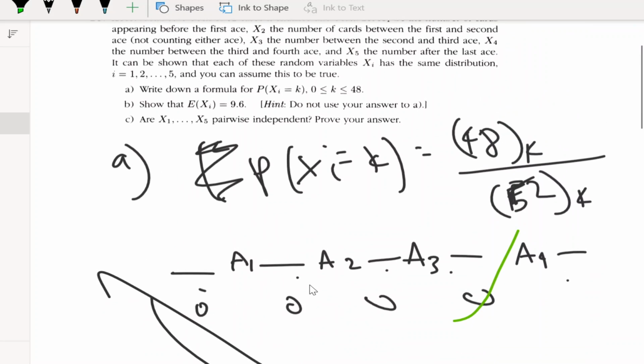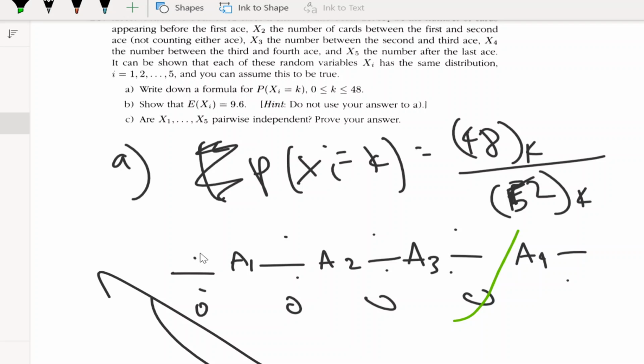Just by symmetry once more, each non-ace card has an equal chance of being in any of the slots x1, x2, x3, x4, x5. They have to be in one of the slots, but they have an equal chance of being in any of them. For xi, we're just talking about one of the slots, so let's pretend we're talking about x1. Then I1, I2, all the way up to I48 each have an equal chance of being in any slot.